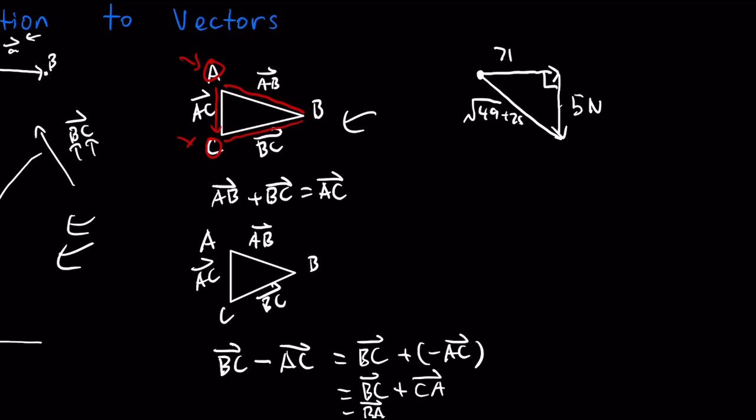And that would be the magnitude of the force. But how do we find the direction? Because a vector has both a direction and magnitude. Well, once again, using trig, this angle here is the inverse tan of this over this, so 5 divided by 7. So this will be the direction and this would be the magnitude.